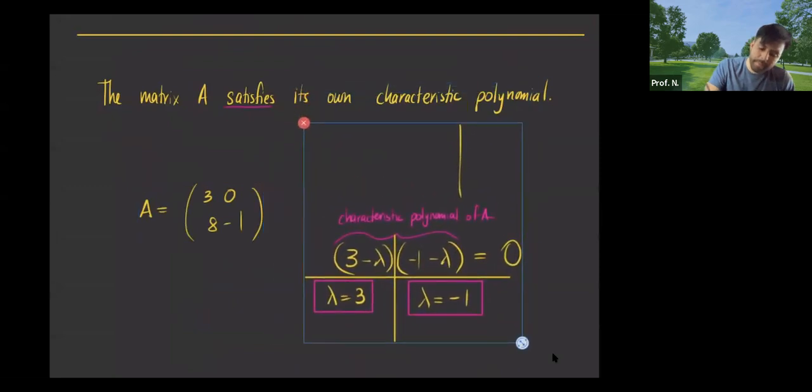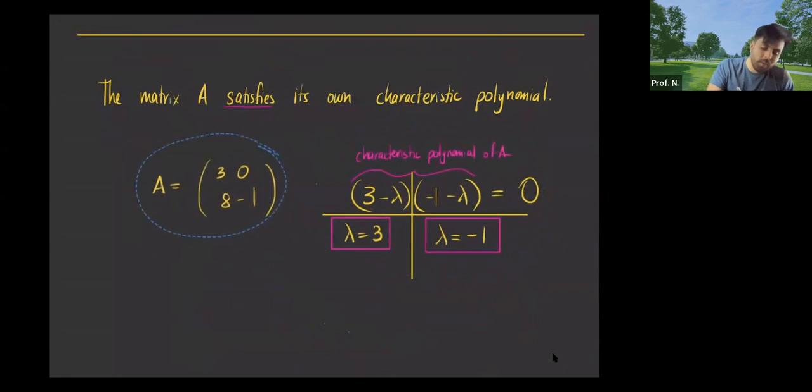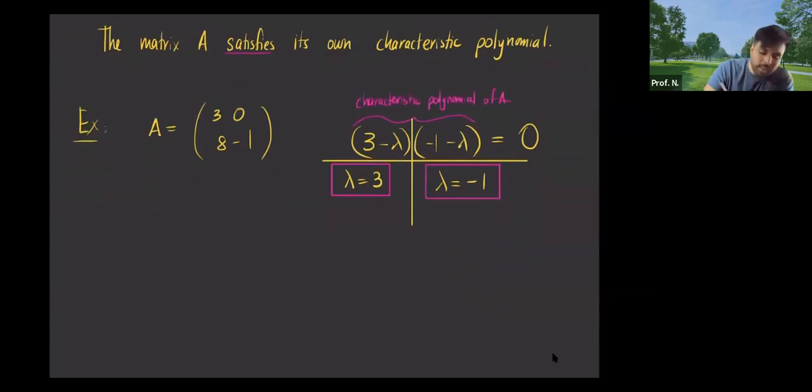Okay, so we've been so concerned with finding the eigenvalues of a matrix based upon its characteristic polynomial that we just keep it in factored form. So let's actually write the characteristic polynomial of A as a polynomial in standard form.